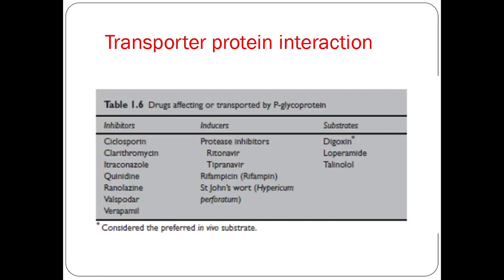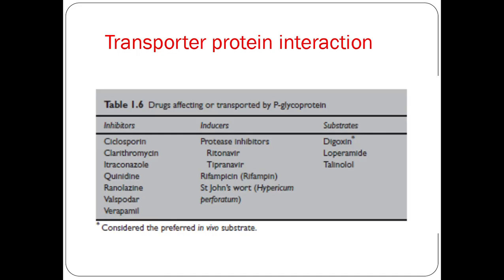Then transporter protein interaction: drugs affecting or transported by P-glycoprotein. Inhibitors are cyclosporine, clarithromycin, itraconazole, quinidine, ranolazine, valspodar, verapamil. Inducers are protease inhibitors like ritonavir, tipranavir, rifampicin, St. John's wort, Hypericum perforatum.